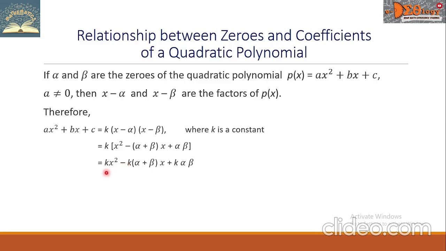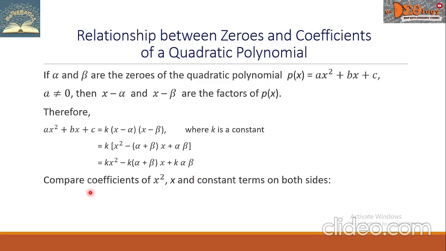We have now k x squared minus k times the quantity alpha plus beta times x, then plus k alpha beta. Now let us compare coefficients of x squared, x, and constant terms on both sides.